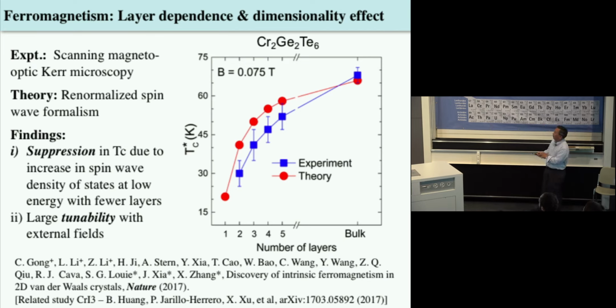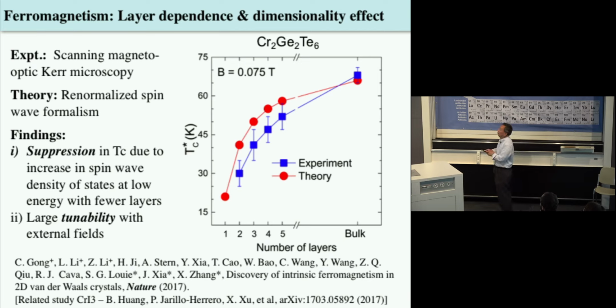So very recently, together with some experimental groups at Berkeley and Irvine, we looked at this particular system, chromium germanium telluride. You can thin it down to a few monolayers. What we find is, indeed, that ferromagnetism can exist all the way down to one or two layers. The experiments are done through scanning magneto-Kerr microscopy.